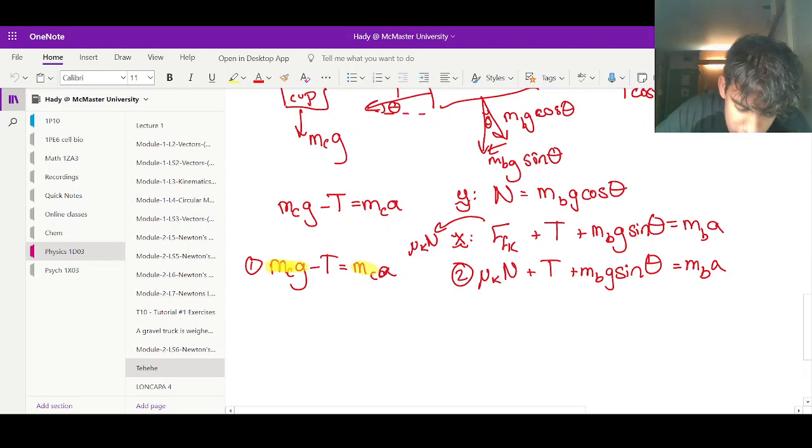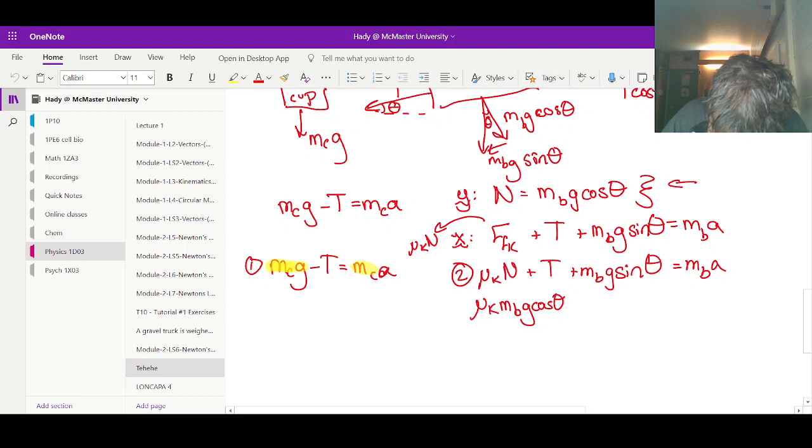Actually, I forgot to rewrite here, so we know what the normal force is as well. So it would actually be mu k mbg cos theta, and that comes from the y direction. So mu k mbg cos theta plus T plus mbg sine theta equals mba.